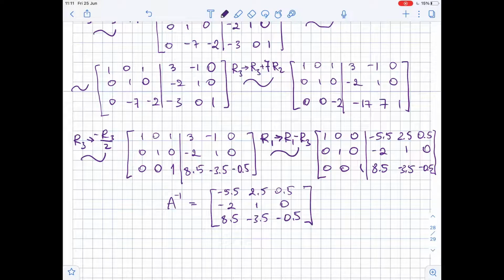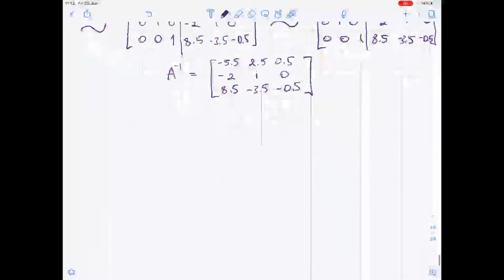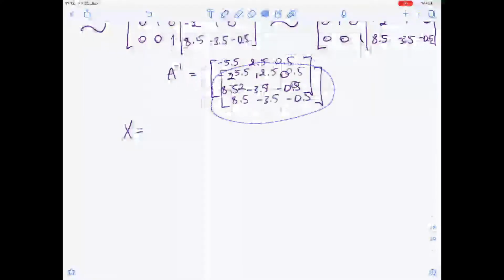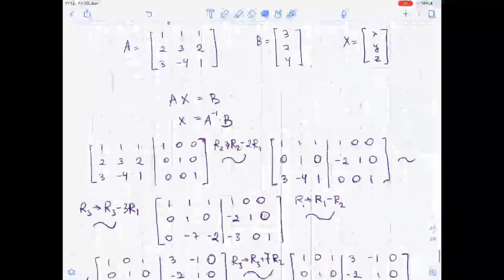So now in order to find x, we need to multiply it by matrix B. So x equals this matrix times this matrix.